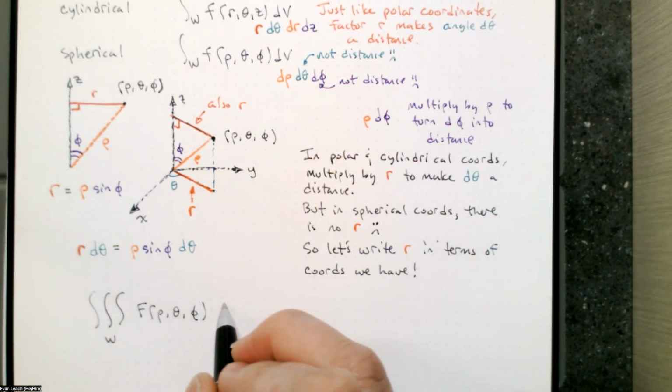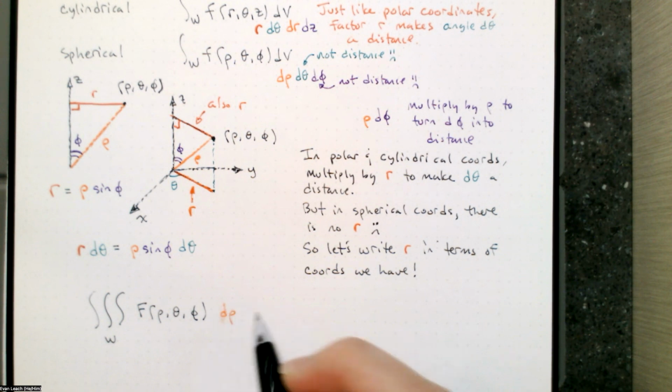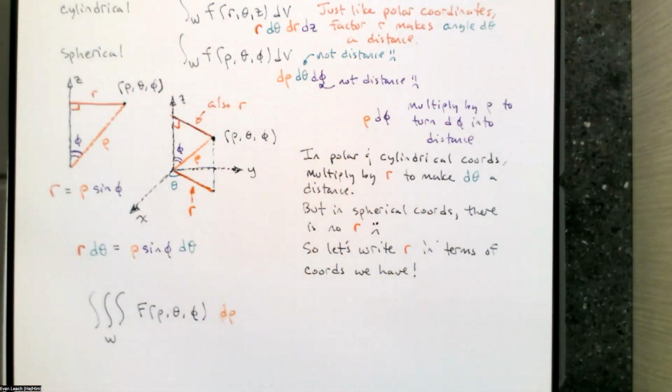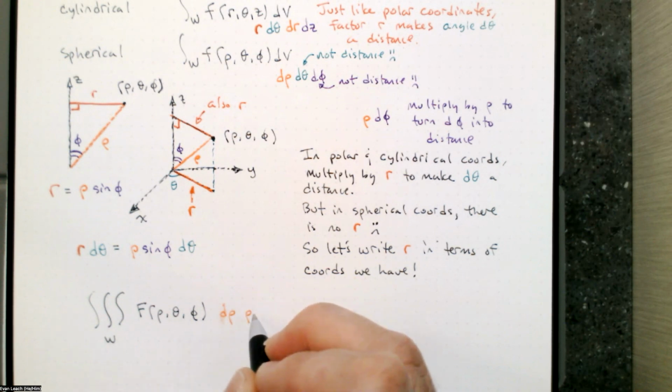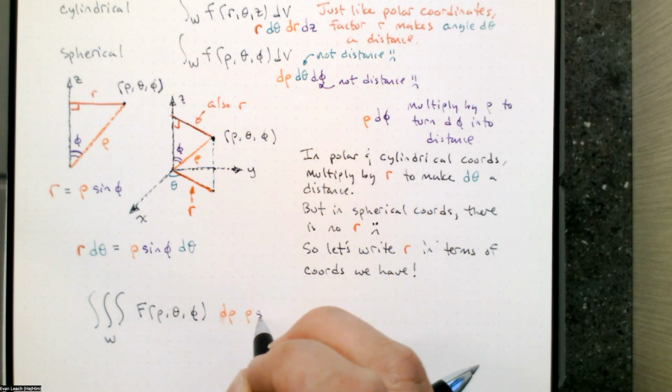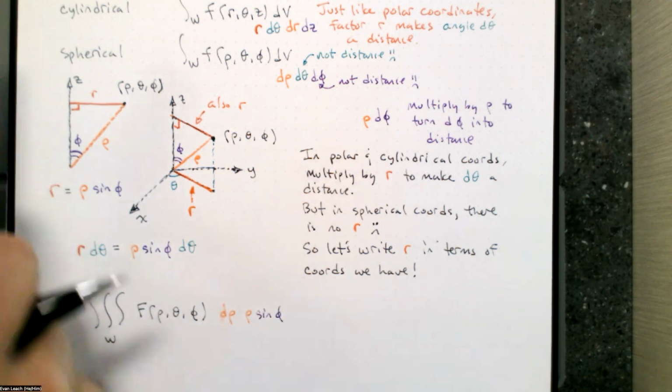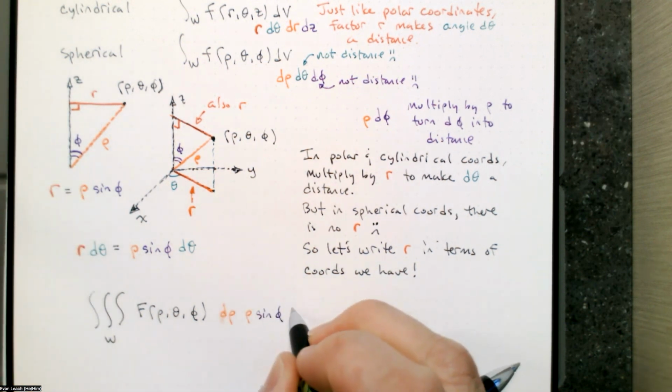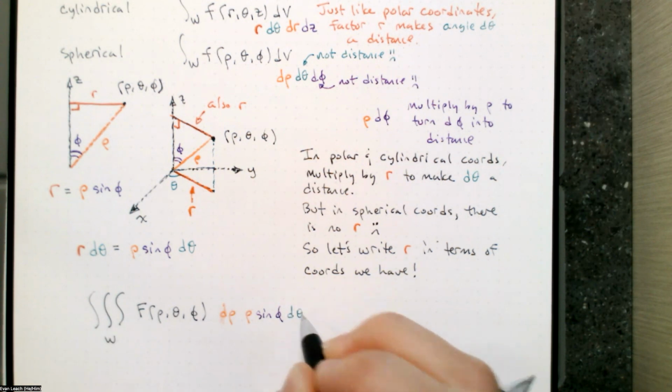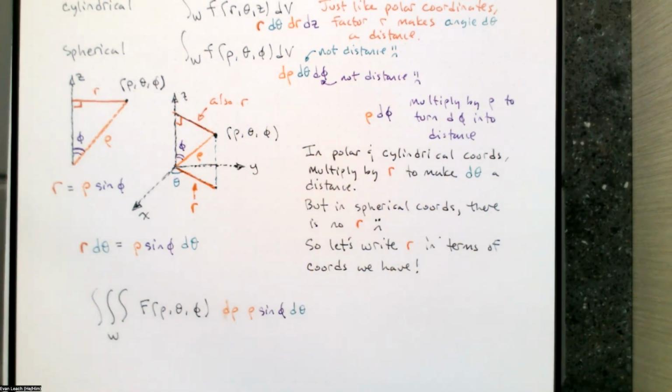We have d rho. That's a distance. D theta is going to be rho times the sine of phi times d theta. That's like the second factor in our volume.